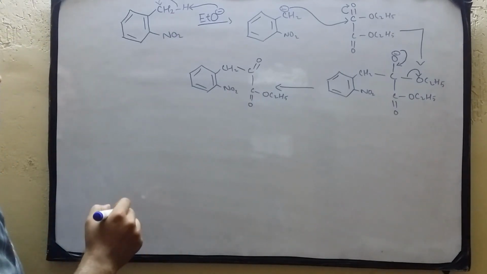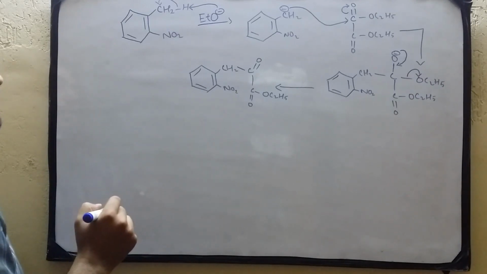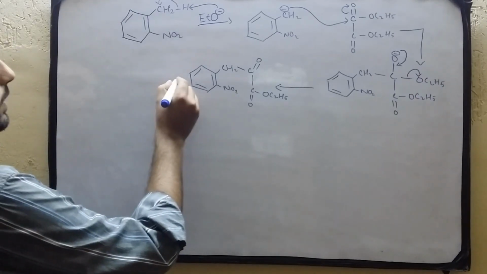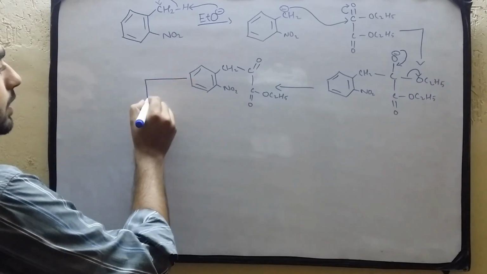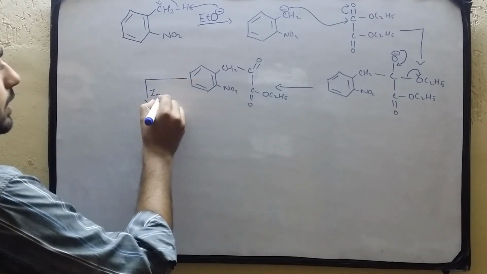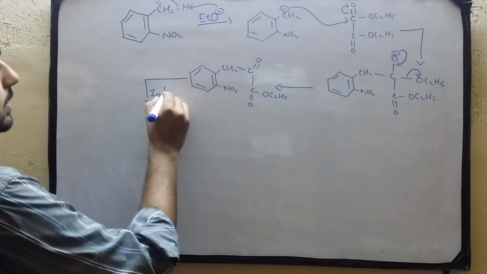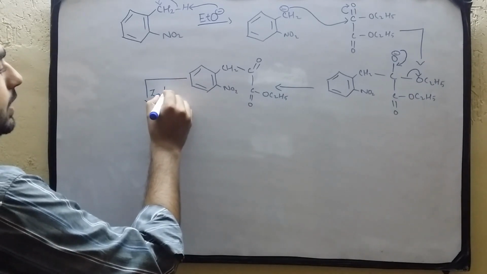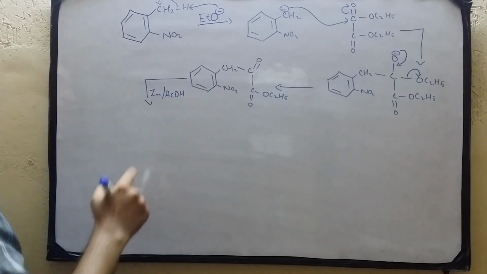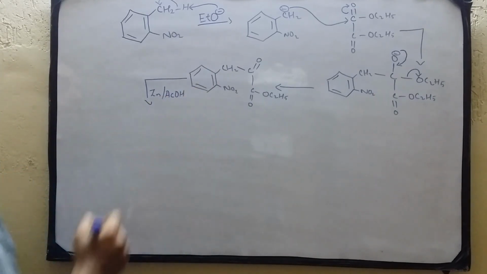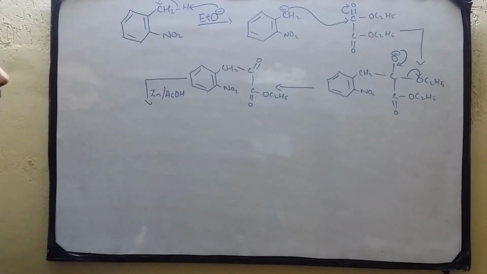For this purpose we will add a strong reducing agent like zinc in the presence of acetic acid. You can write acetic acid as AcOH. So zinc in the presence of acetic acid is a reductant or reducing agent.